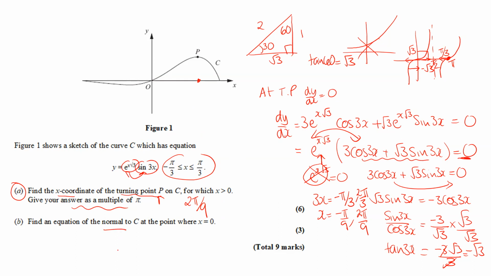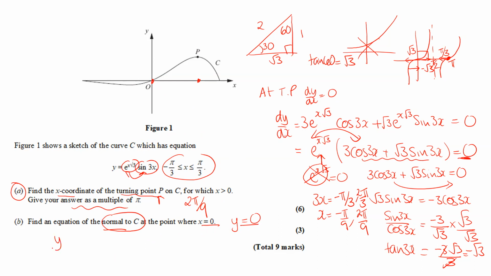Right, finding the equation of the normal at the point where x is equal to 0. So we can see here x is equal to 0. At x equals 0, y is equal to 0. When we're trying to find the equation of a straight line, we need a point, but we also need the gradient.